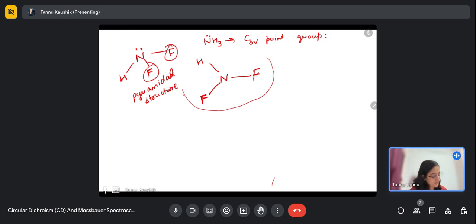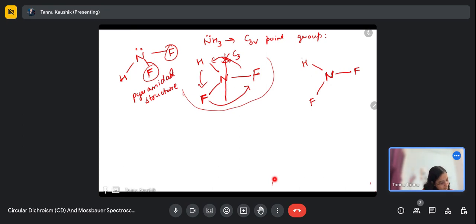So here, if you see, we don't have a C3 rotational axis in this molecule, because if we rotate this molecule by 120 degrees, we won't get an equivalent configuration. Instead, we have to find out whether we have a lower-order axis of rotation in this molecule.